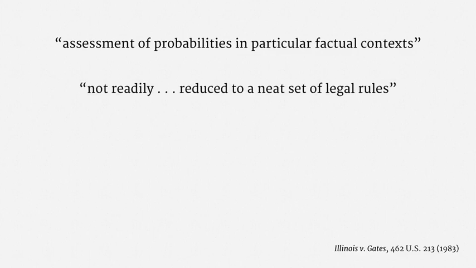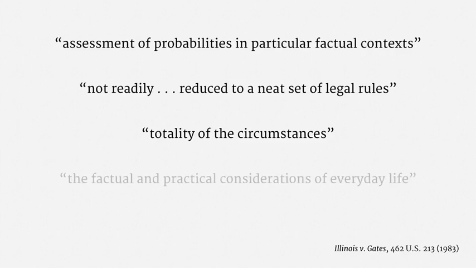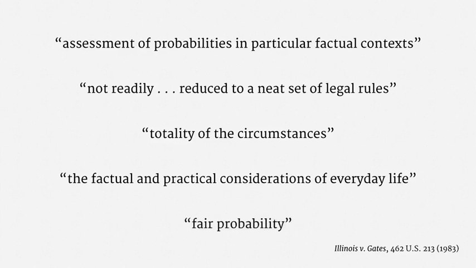It's a judgment considering the totality of the circumstances, informed by the factual and practical considerations of everyday life. Ultimately, a judge needs to find a fair probability. So, if you're looking for hard probability math, you've definitely come to the wrong place. This is really up to a judge's discretion. There are two well-established points about the probable cause standard that I want to call out.